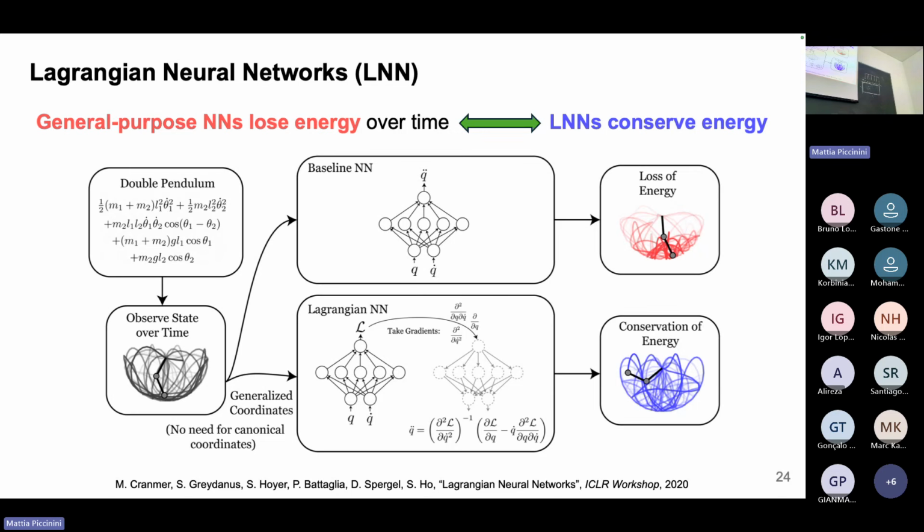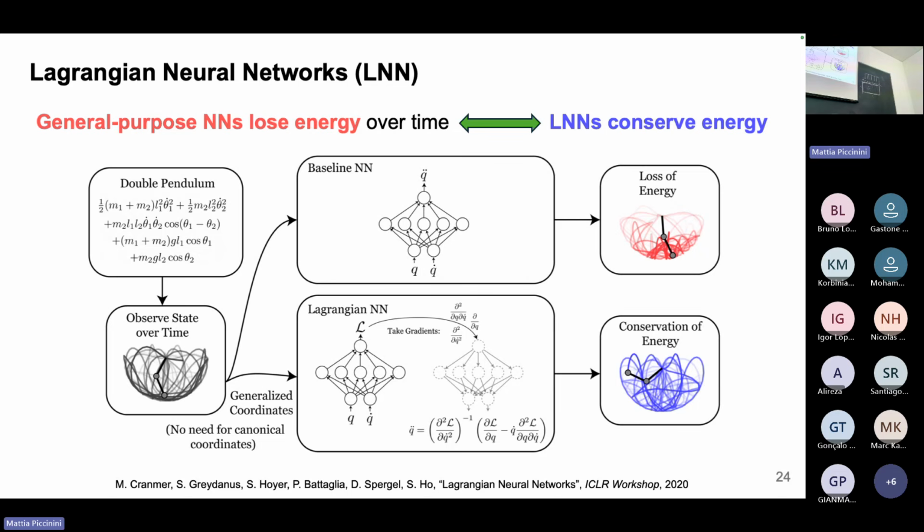I know for sure that if you take q double dot and integrate it, you obtain q dot, and you integrate again and you obtain q, and then you train also using a loss on q dot and q, what happens for sure is that you lose energy, because it's more probable.